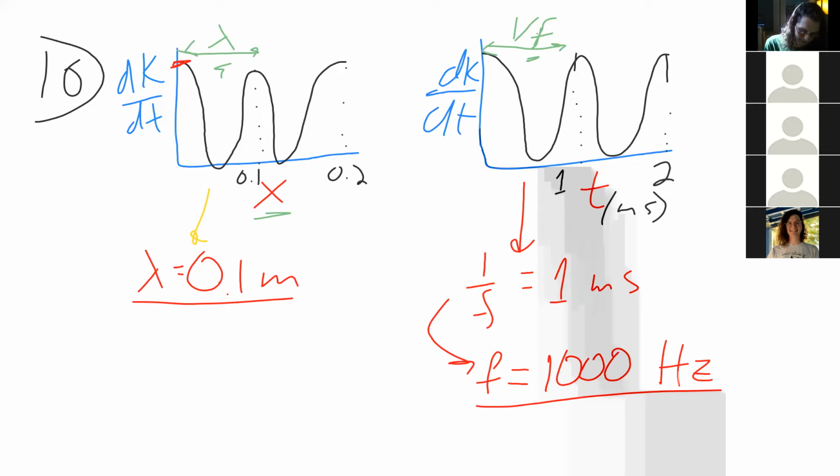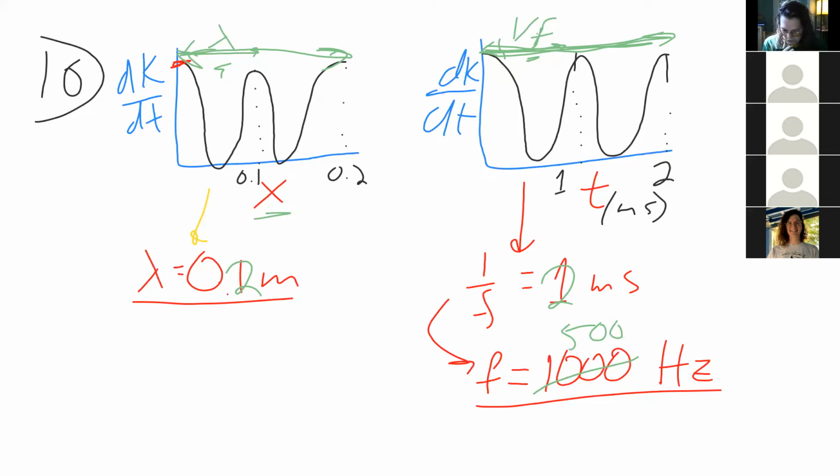So the proper lambda is this whole thing, which actually makes this 0.2 meters. And the proper inverse frequency is this whole thing. Inverse frequency is period, right? So the proper period is actually 2 milliseconds, which makes this 500 hertz. Little correction there.